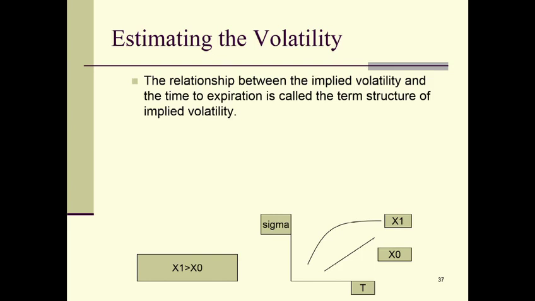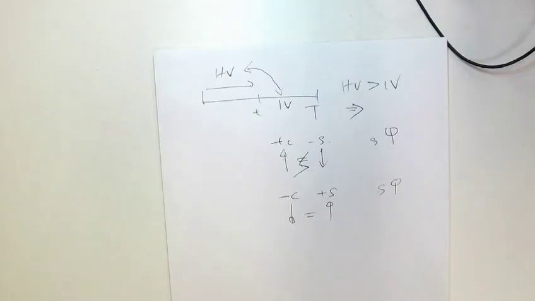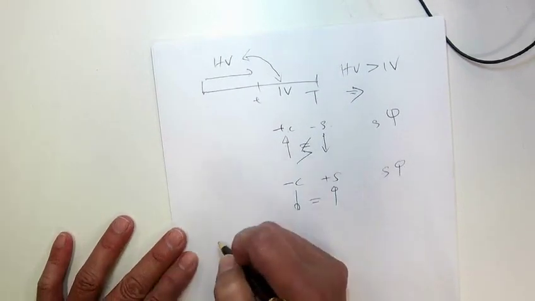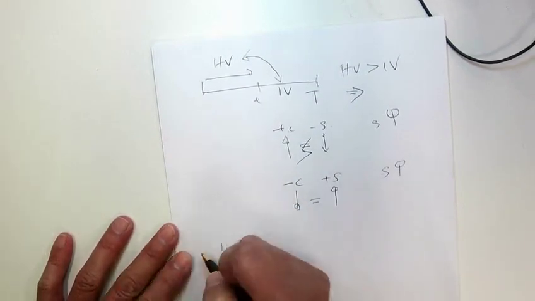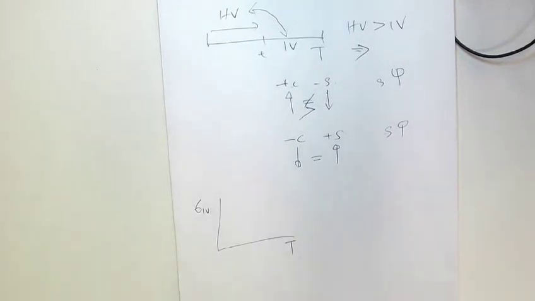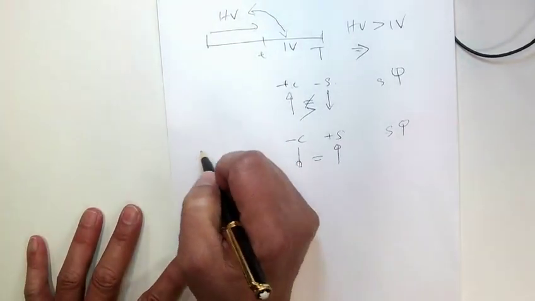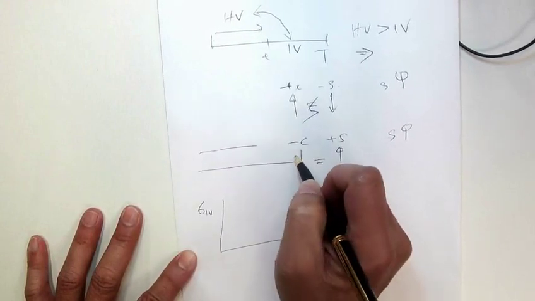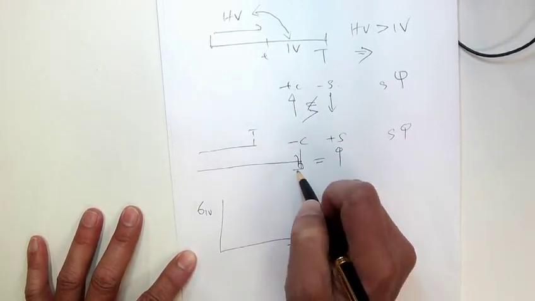The term structure of implied volatility describes the relation between implied volatility and time. Now, if you were to plot, let's say, implied volatility with time, let's say you have two options here, with expiries T1 and T2.